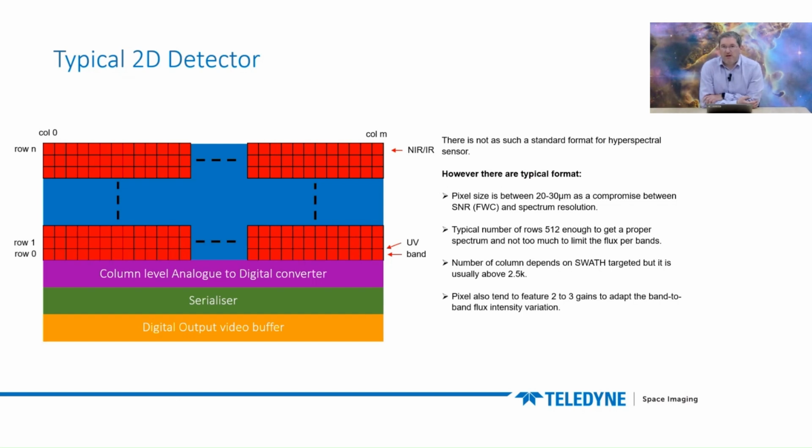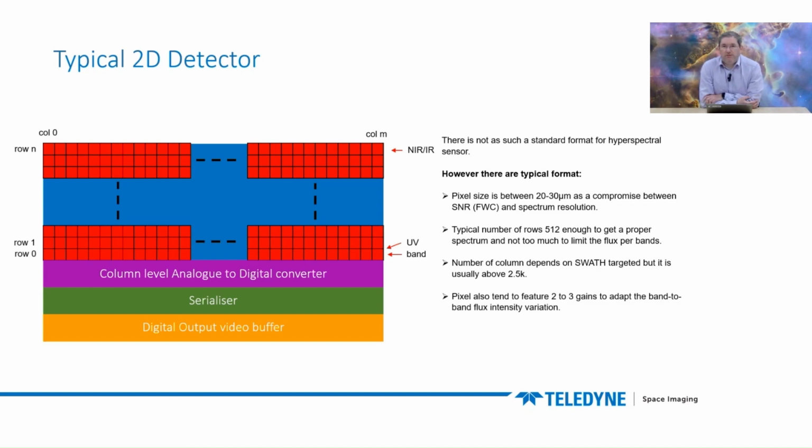The number of rows is typically around 512 rows, up to 1 kilo rows. The number of columns varies following the swath, but in general, not below 2.5 kilo columns. For very large detectors, some options are to stagger smaller detectors into a focal plane.